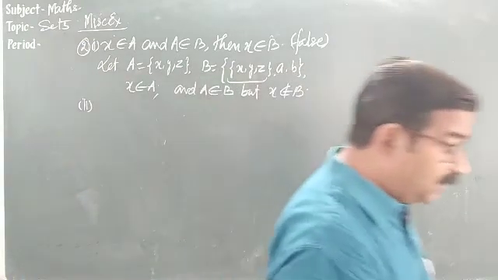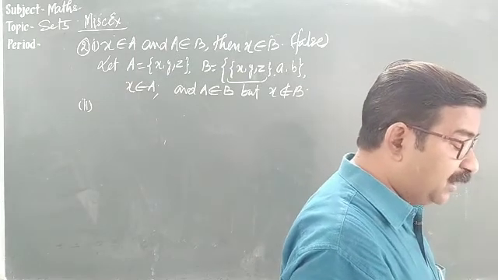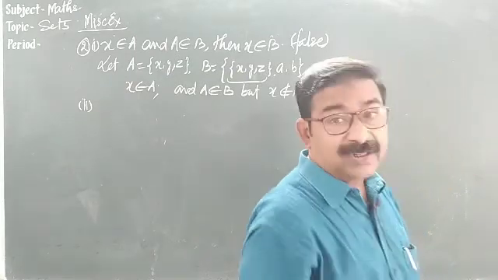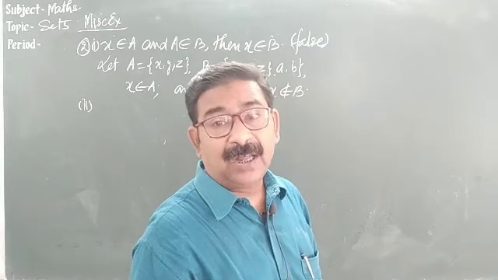Let's see the second part. In the second part we are given A is a subset of B and B belongs to C, then A belongs to C. The same question: a set cannot belong to another set.